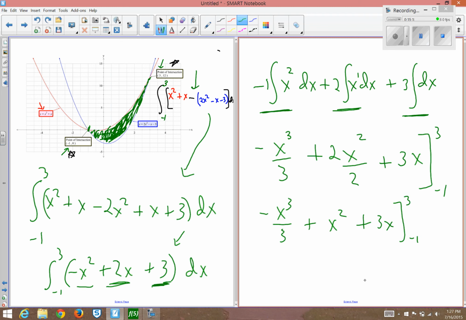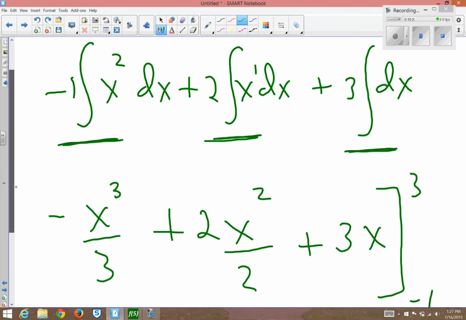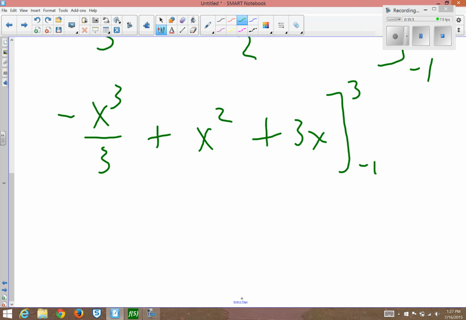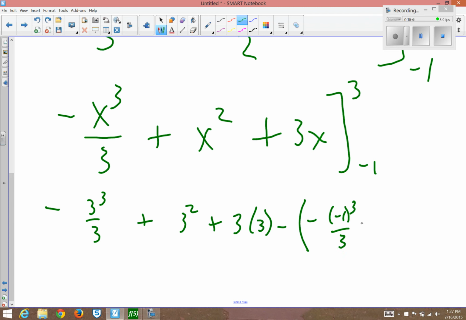The bracket notation says replace every x with 3, then make a subtraction symbol, then replace every x with negative 1. So we have this bracket here, means we write negative 3 to the third over 3 plus 3 squared plus 3 times 3, then minus parentheses negative 1 to the third over 3 plus negative 1 squared plus 3 times negative 1.